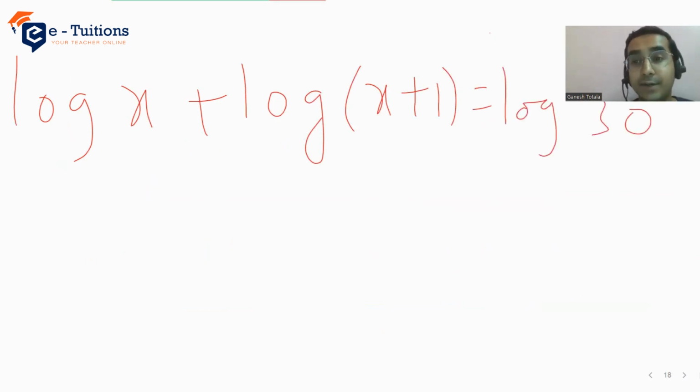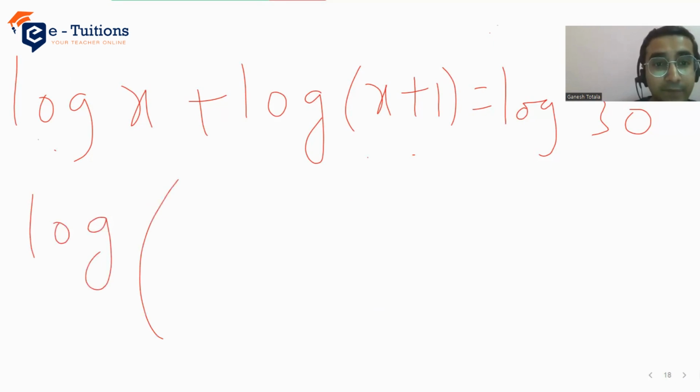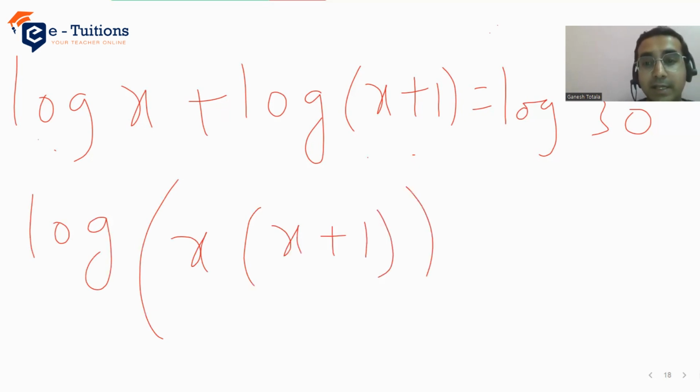Here the question is to find the value of x. It's very simple. You just need to use the log laws on the left hand side. So log a plus log b is equal to log of ab. So it will be log of x into bracket x plus 1 is equal to log of 30.